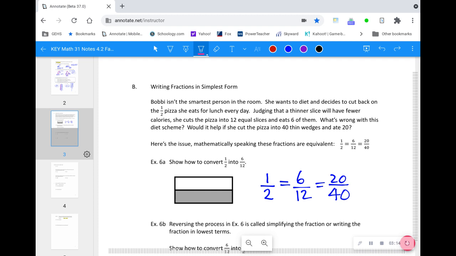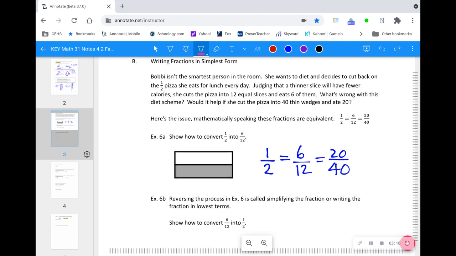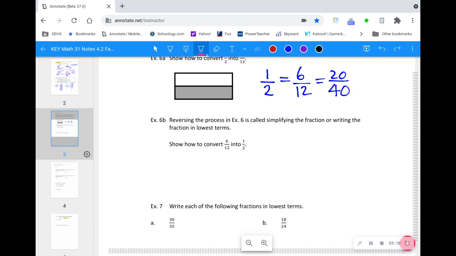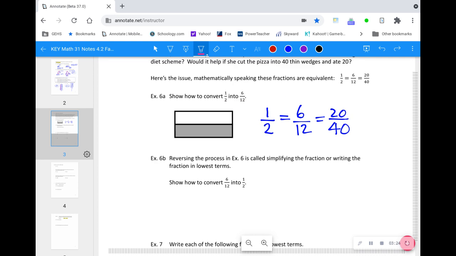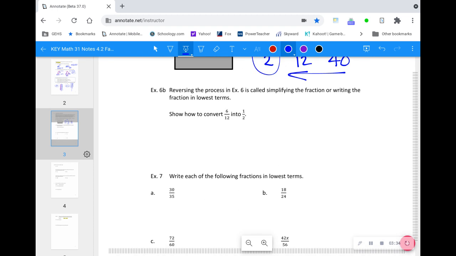Okay, so now we're going to go the other way, and this reversing of the process is called simplifying. When we get the numbers to go down to their smallest possible choice, 1/2 in this case, that's called simplifying. So here's how you're going to simplify this.